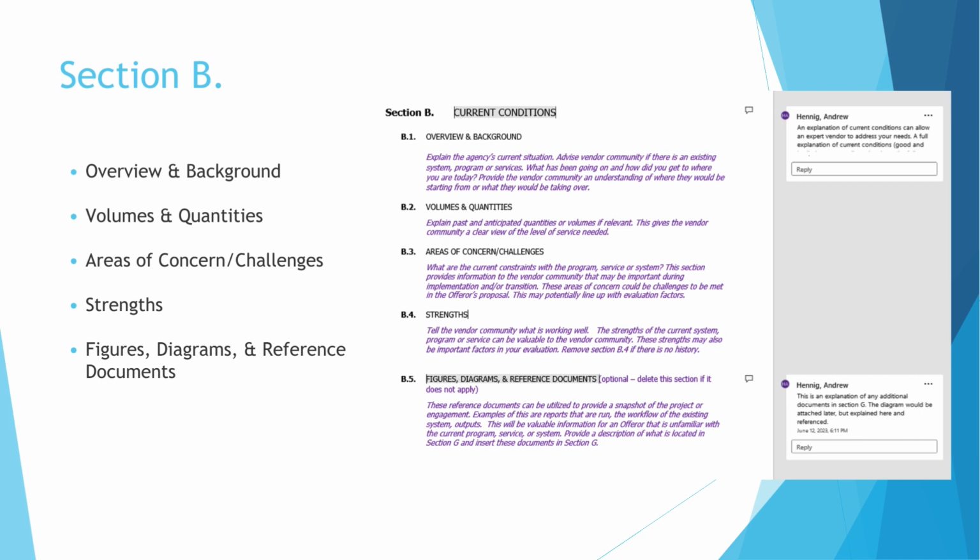Volumes and quantities. This may not be applicable for a brand new program, but estimates may help. If there is a previous history, the volume and quantities can be very important to a vendor submitting a proposal. A system that handles 100,000 transactions a year is going to be very different than a system that handles 500 transactions a year.